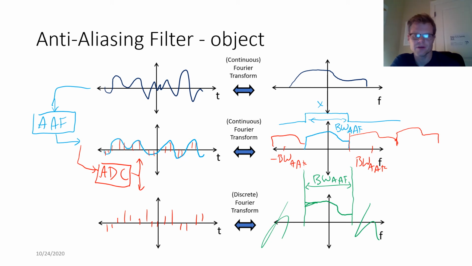And as we'll discuss later on, turns out we can't always do the anti-aliasing filter. We can only do this when we have time series data, which turns out to be our frequency encode dimension. We cannot do this in our phase encoding dimension.